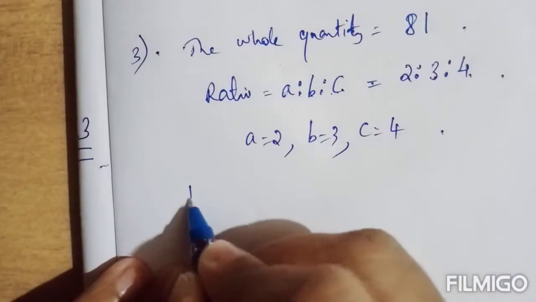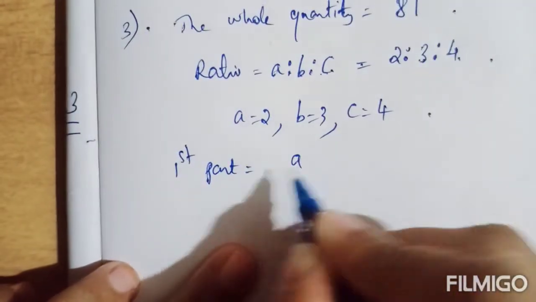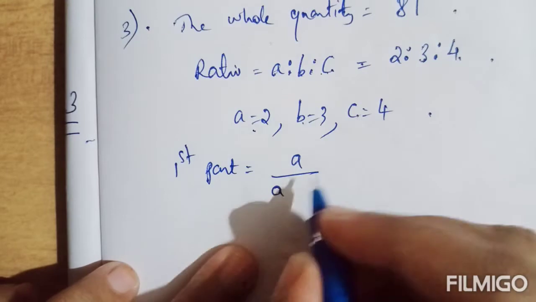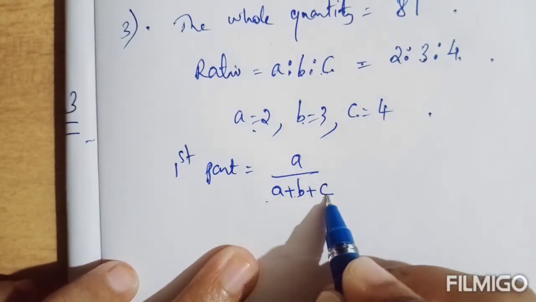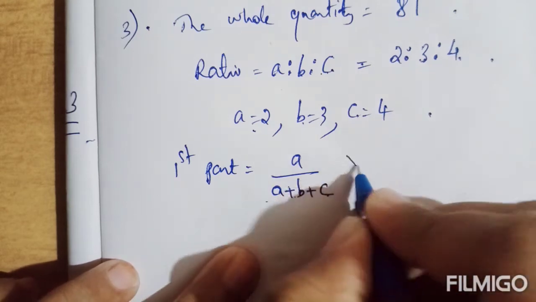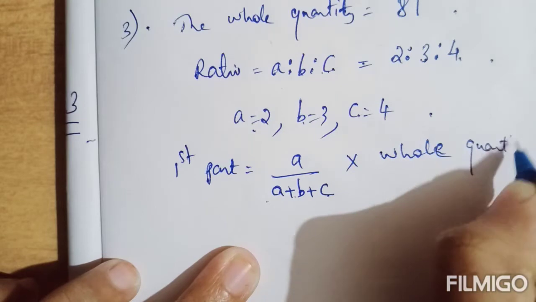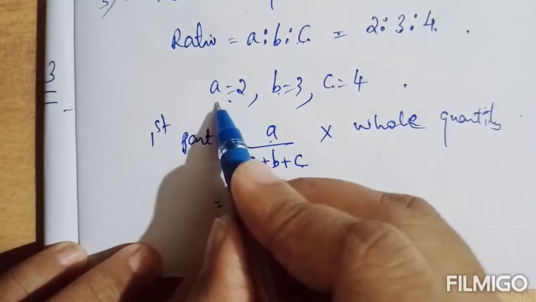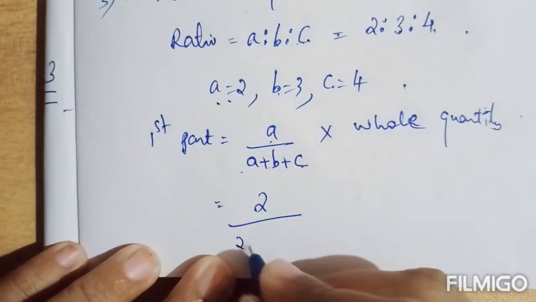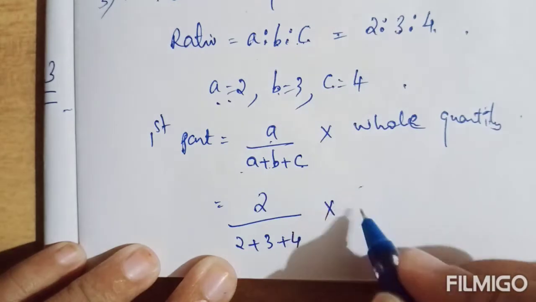Now how can we find the first part? In order to find the first part, the formula is A by, here 3 terms are there, so you have to add those 3 terms, A plus B plus C, into whole quantity. So A is 2 by A plus B plus C, it is 2 plus 3 plus 4, into whole quantity, which is 81.